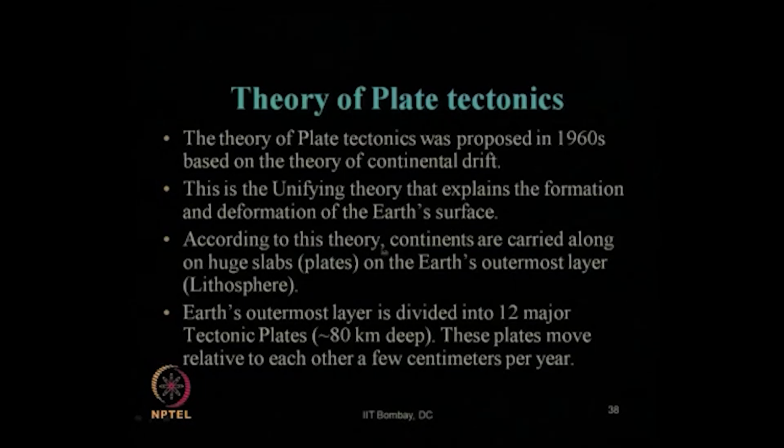According to this theory, continents are carried along on huge slabs, which we call plates, on the Earth's outermost layer or lithosphere, that is the crustal plates or continental plates. And Earth's outermost layer is divided into 12 major tectonic plates, typically about 80 kilometers deep, and these plates move relative to each other by a few centimeters per year.